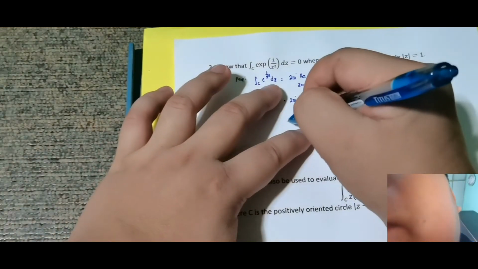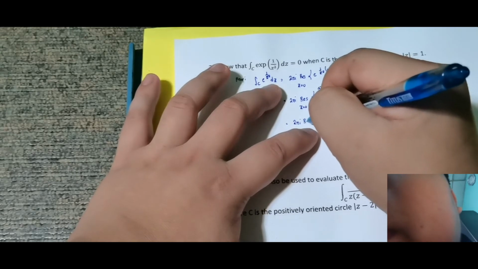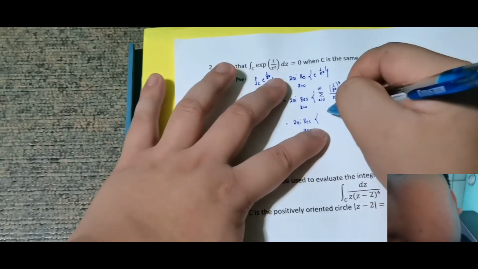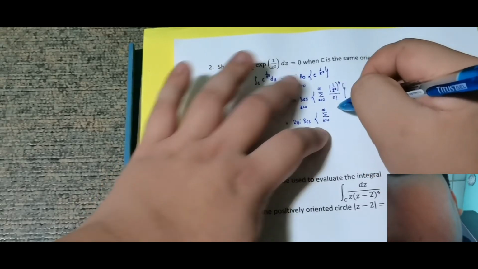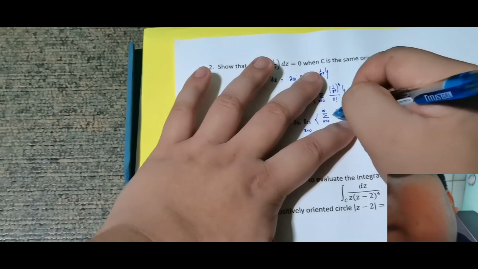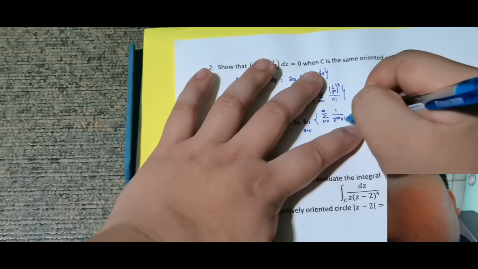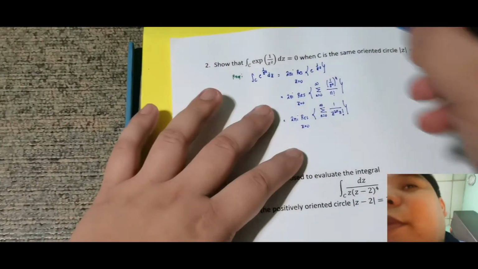So, obviously, this is just equal sa 2 pi i times residue at z is equal to 0 ng summation for n is equal to 0 up to infinity ng 1 raised to n is just 1 over z raised to 2n tapos n factorial. Okay, then try to expand yung ilalim.